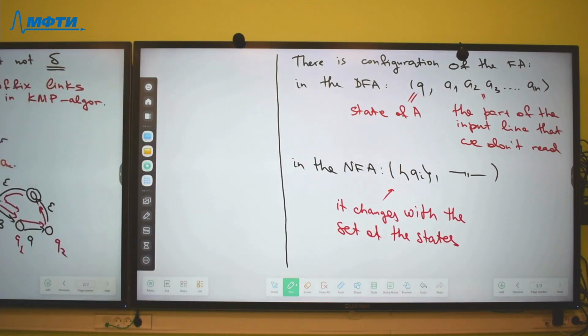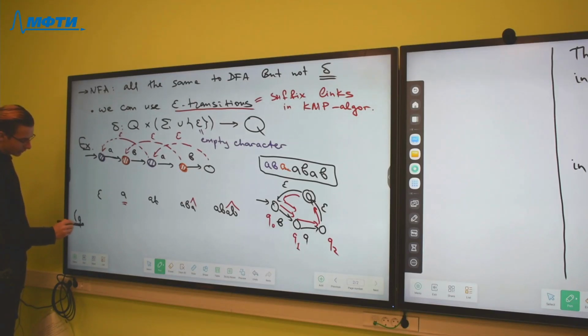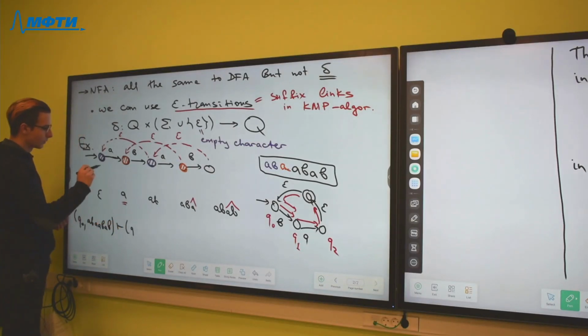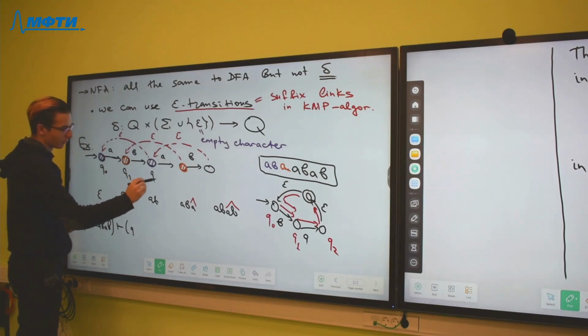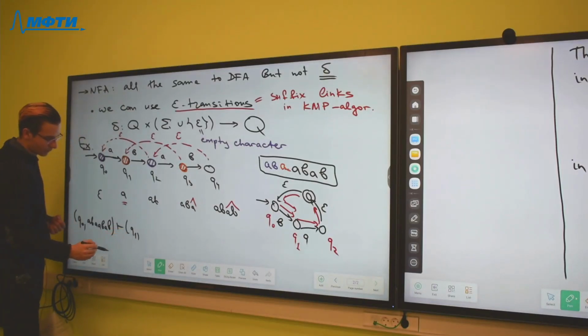So, for example, here, if we have such an input line, we can say that initially we have this configuration, then we read this character and we change it to this state.